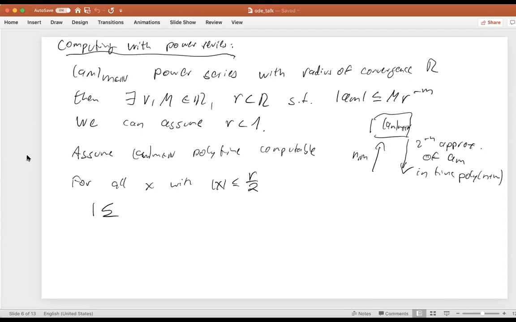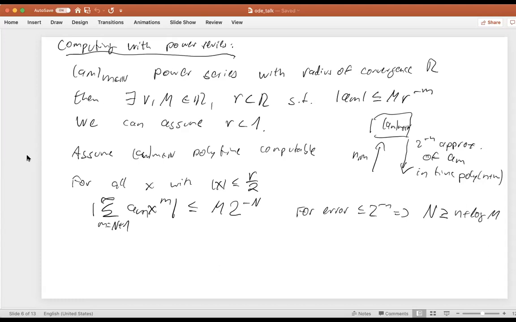If we sum up to large n coefficients of the power series, then the remainder will be less than M times 2 to the minus n. So in particular, for error less than 2 to the minus n, we just have to choose N larger than n plus log M. So this is the number of coefficients that we need to make the error small, and then we also have to approximate all the coefficients accordingly.